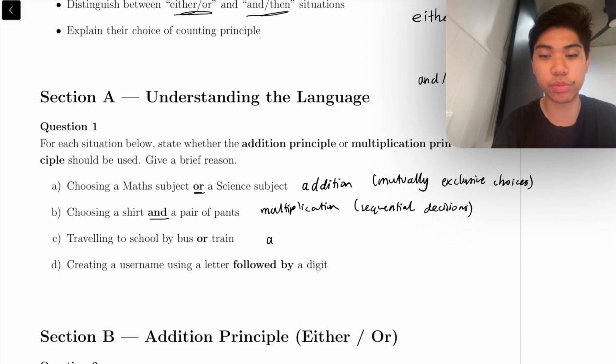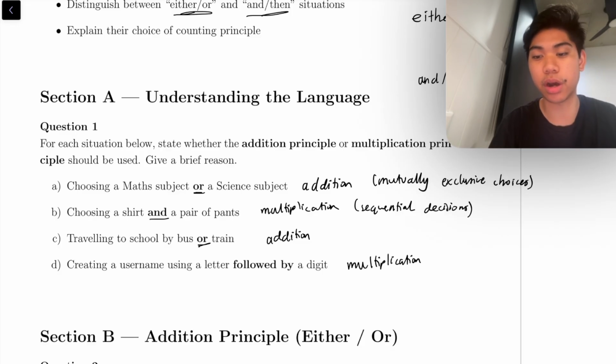I can't do both, so I'll just do the addition principle, all right? And creating a username using a letter followed by a digit, well, I need to be using the multiplication principle because, again, these are in a sequence. They need to happen one after the other.